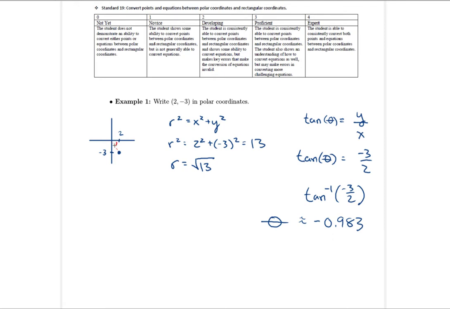Well, it looks like I am going in the negative direction here, so that's a good sign. And the other thing is that we know -1.57 would be down here. We should have memorized that pi over 2 is 1.57. So I like the angle that I've got here. I'm really comfortable saying that theta is the tan inverse of this, which is about -0.983. And so to express this in polar coordinates, I would start with my r, and then give my theta.